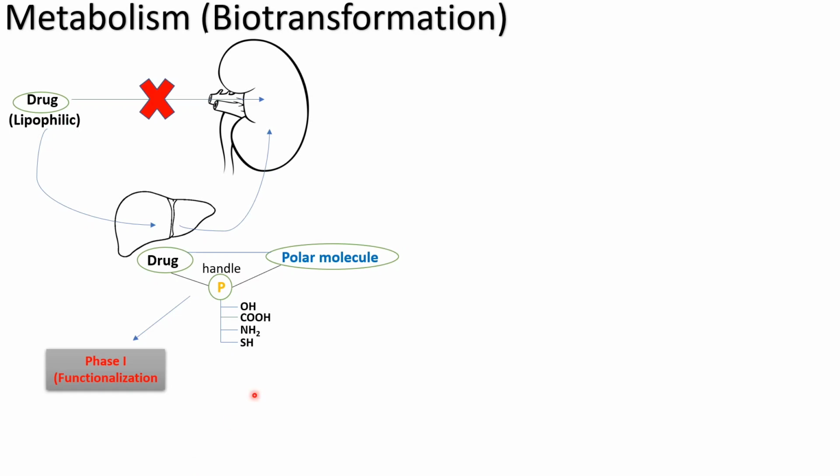So for example, COOH here could be a part of an ester in the molecule. So we can unmask it through deesterification.